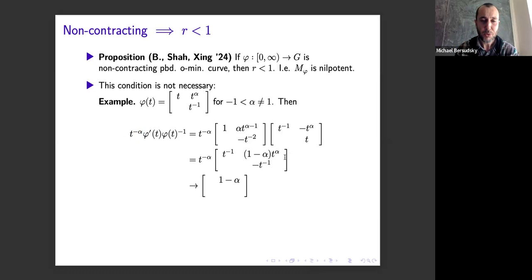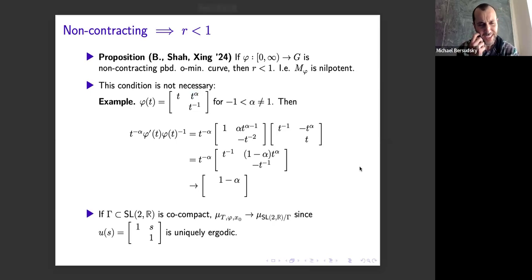The expression that you get after you take the derivative is just this thing, and this will converge to 1 minus alpha, which is clearly nilpotent. So if you average along this curve, even though say alpha is -1/2, so here you have 1 over square root t, this curve will still give unipotent invariance.